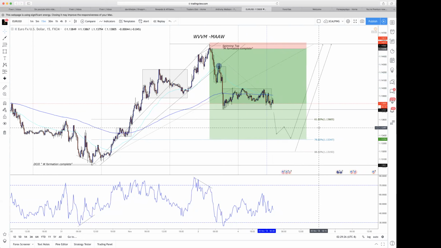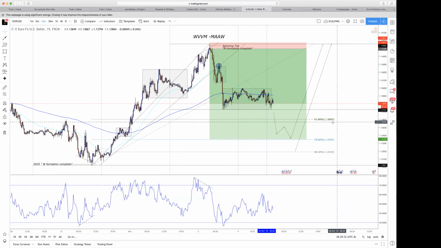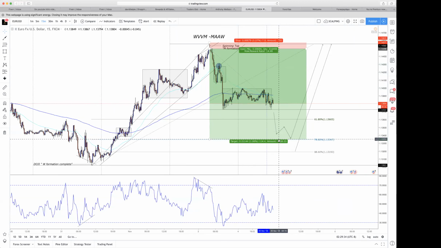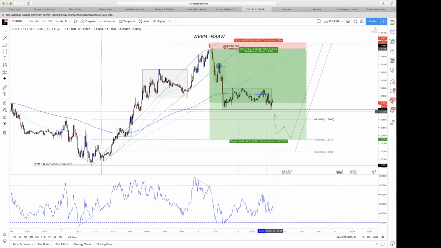You can't just buy on the time zones either. You have to match the time zones, the pattern, the setup. So if the price does break below today, you can expect the price to drop to the 78.6 or maybe 61.8, maybe 88, maybe support. It all depends on how far the impulse is going to be.